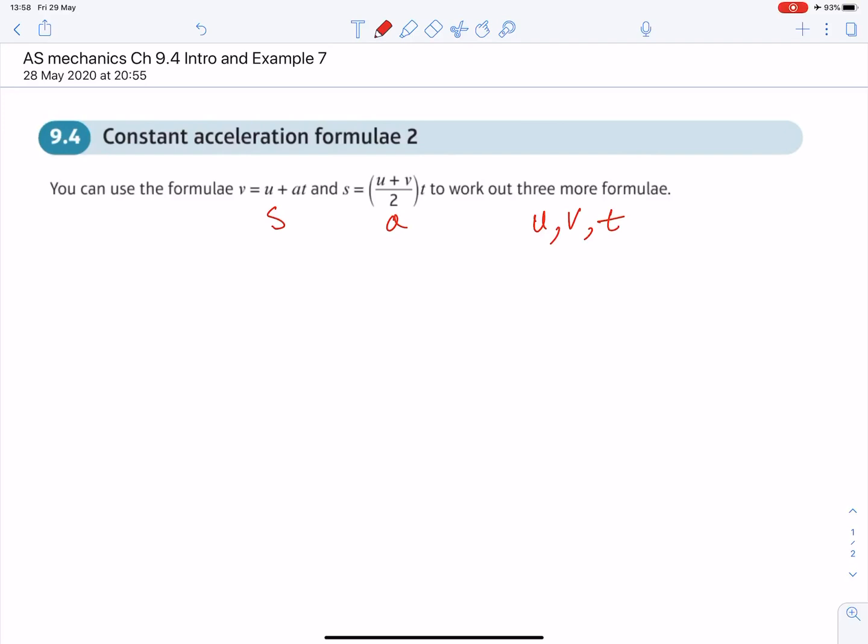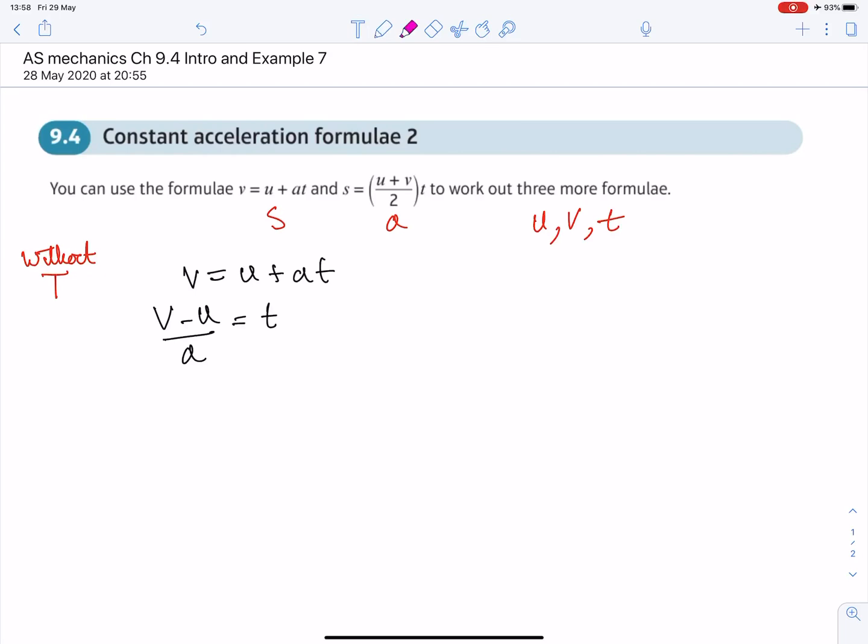So, first of all, let's look to find the one without t. To do that, we're going to make t the subject of v equals u plus at. So we get v, subtract the u, divide by the a is equal to t.